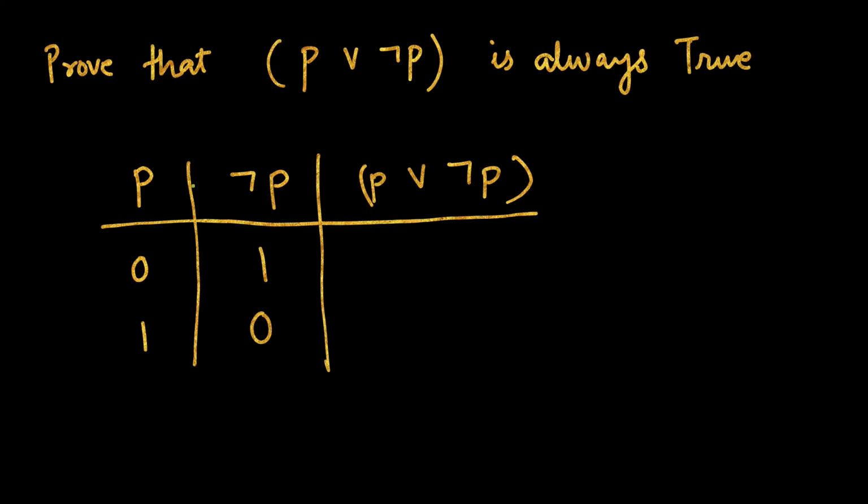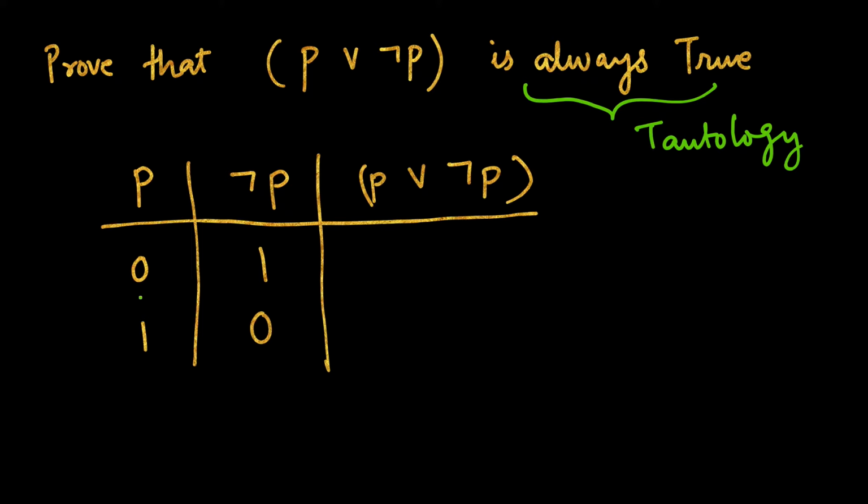Now let's see some more applications of that. We have to prove that P or not P is always true, and we call such a condition a tautology. Here there is just one proposition, and this P can in turn be a compound proposition, but in the end either a simple or compound proposition will have only two possible truth values, 0 or 1.